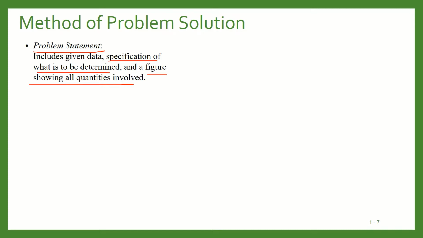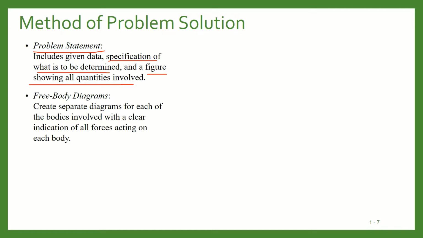So all these things should be known clearly. If even a single piece of data is missing, it might create problems and you will not be able to solve your problem correctly. So the first thing is the problem statement.